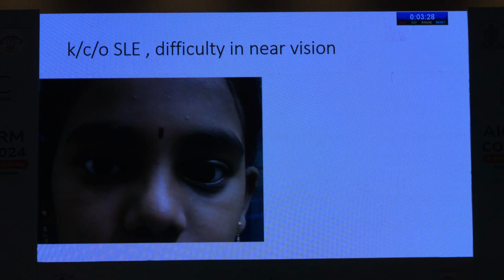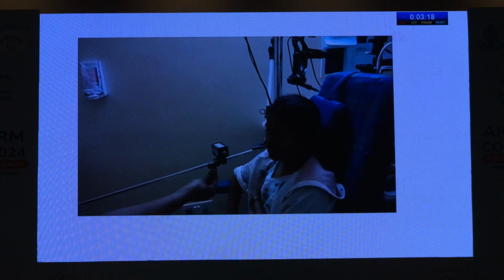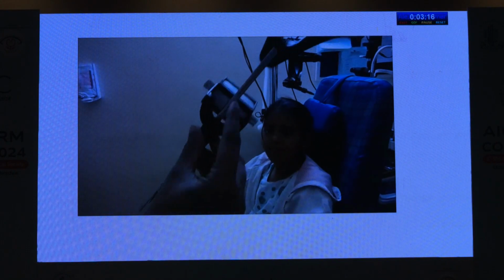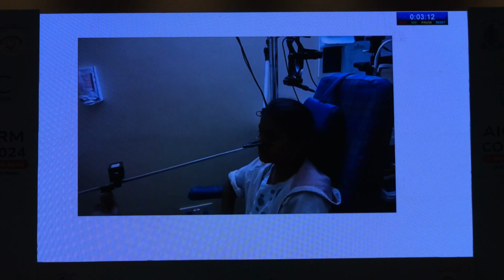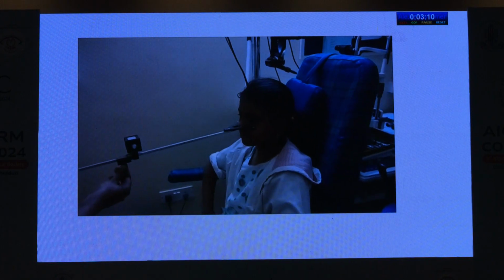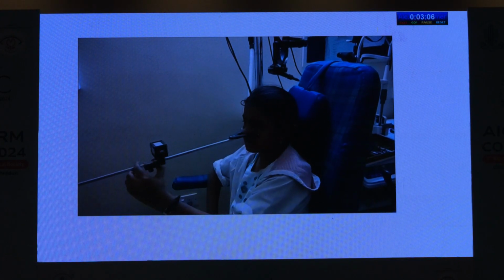This is another child, a known case of SLE with kidney involvement, who complained of difficulty in near vision. When I did the RAF rule, convergence was normal, she didn't have any difficulty. But when I used the reduced Snellen's chart, the test used for accommodation insufficiency, you can see this is where she has the blur point.